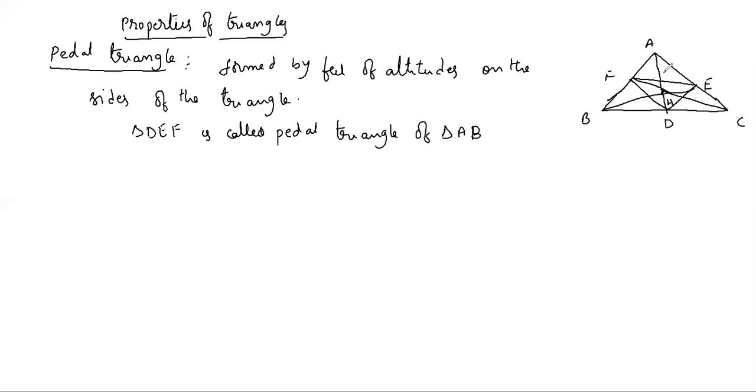For triangle ABC, we are taking altitudes AD, BE, and CF. Then the triangle formed by the feet of altitudes DEF is called the pedal triangle of triangle ABC. Now we have to find the sides of the triangle DEF and what are the angles, area, and circumradius. We find one by one.